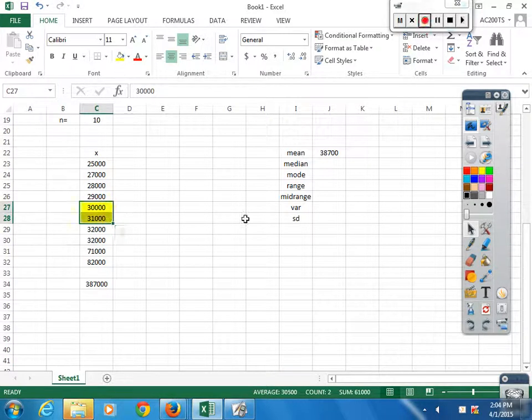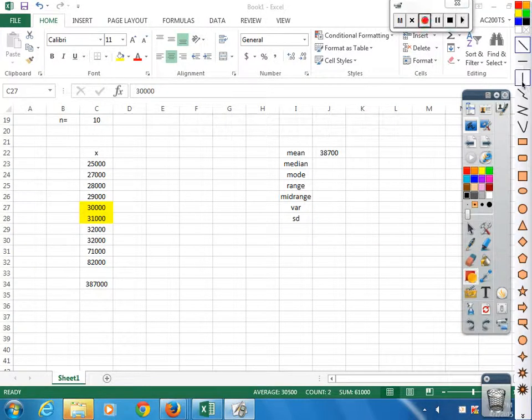You're finding the middle of those two numbers. That red line right there represents the median. That's what you're finding.